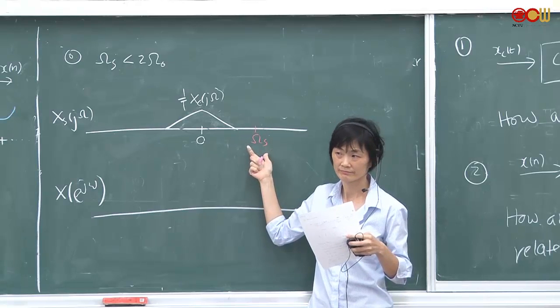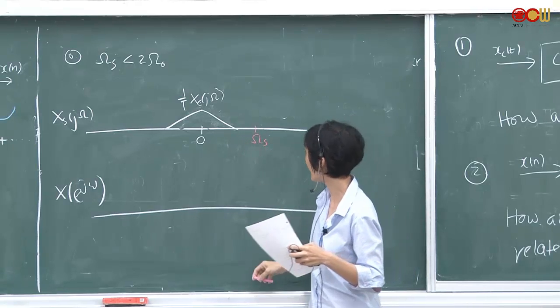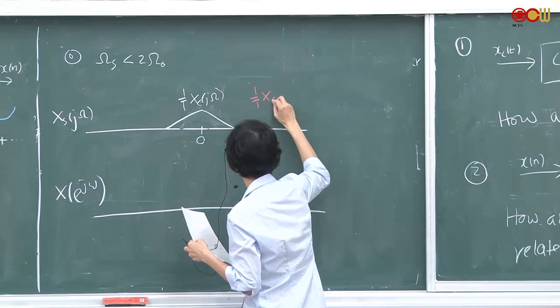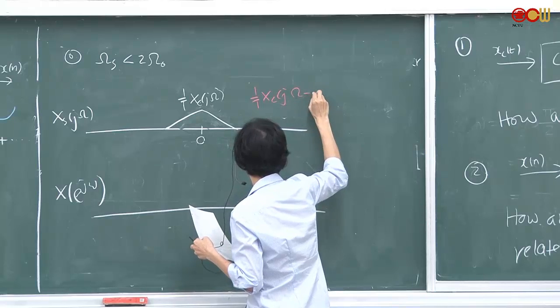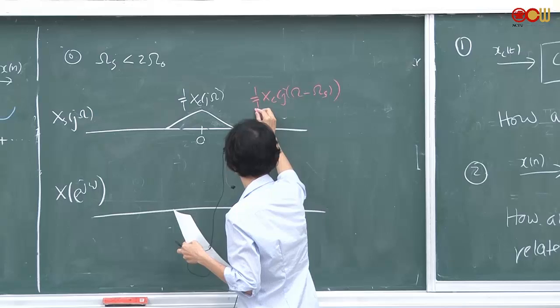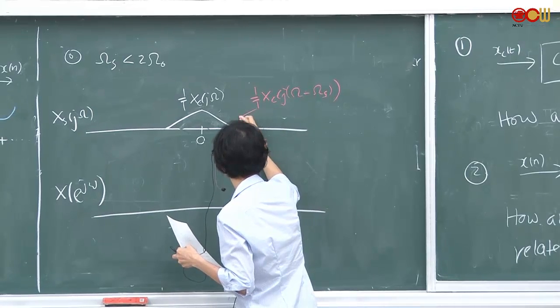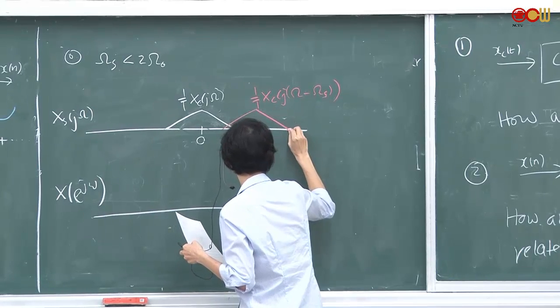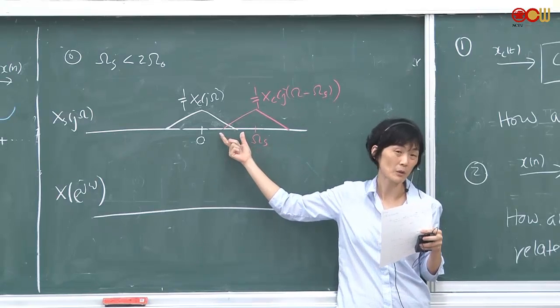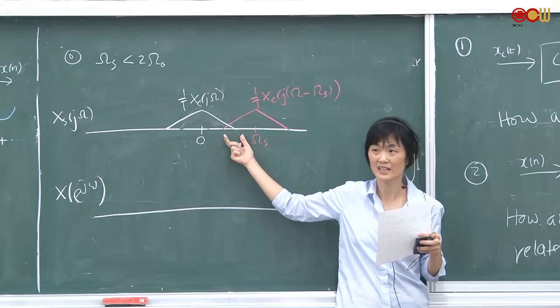So when we have the other copy, Xc(j(omega minus omega s)), it's going to come right here. Now there's going to be some overlap because there's not enough space.